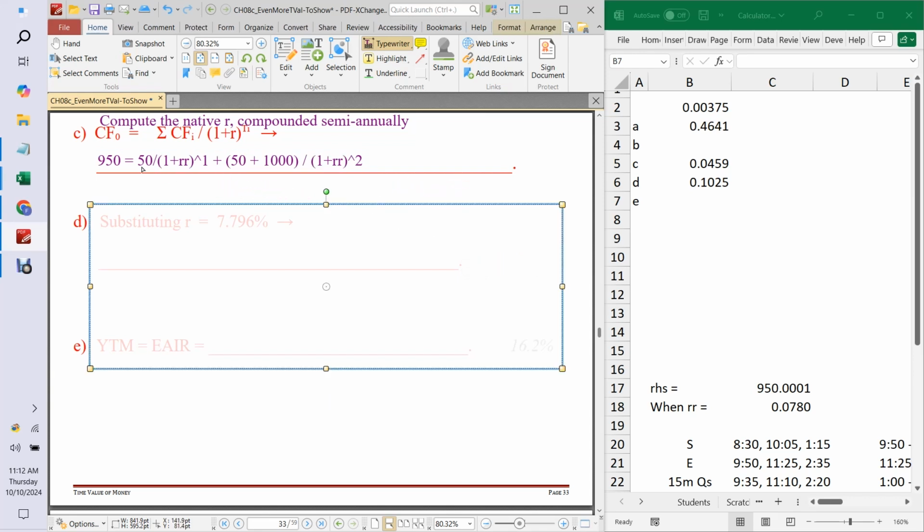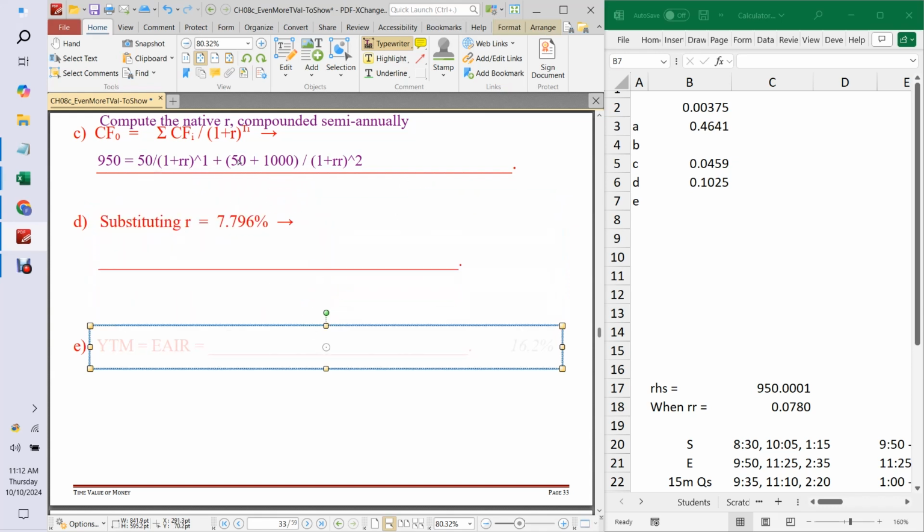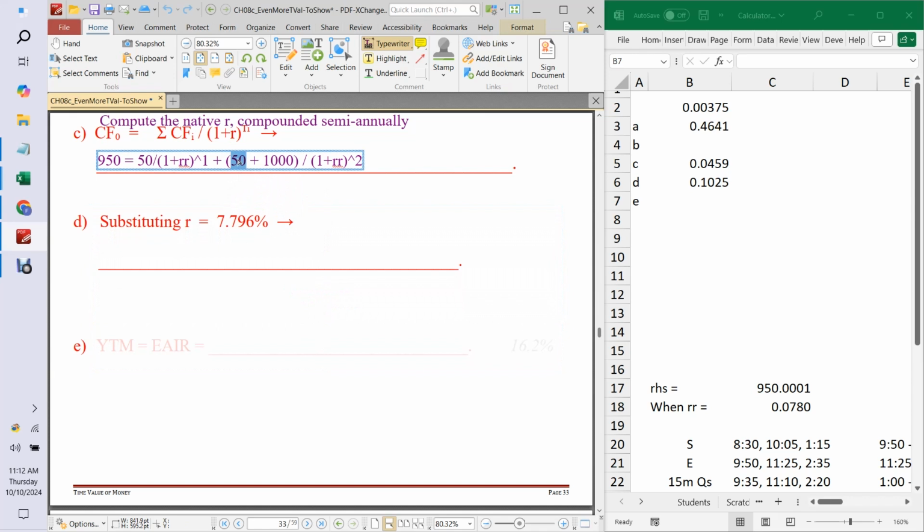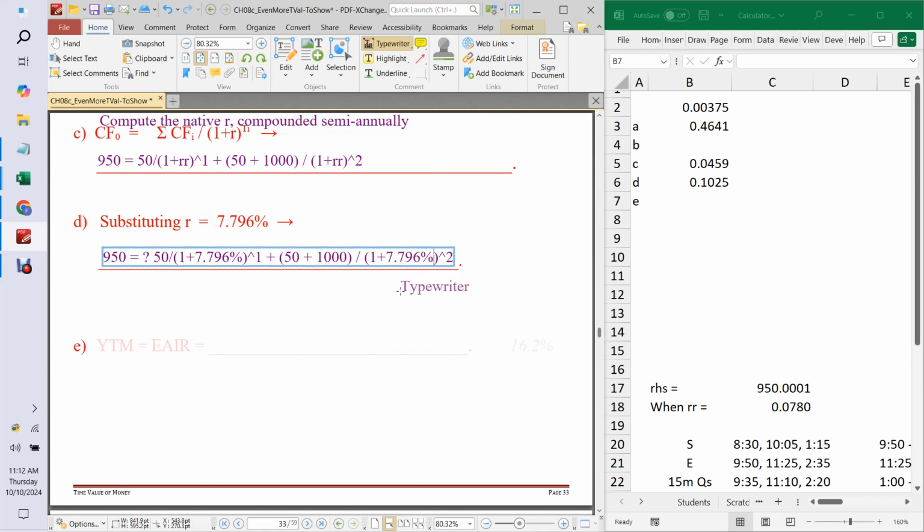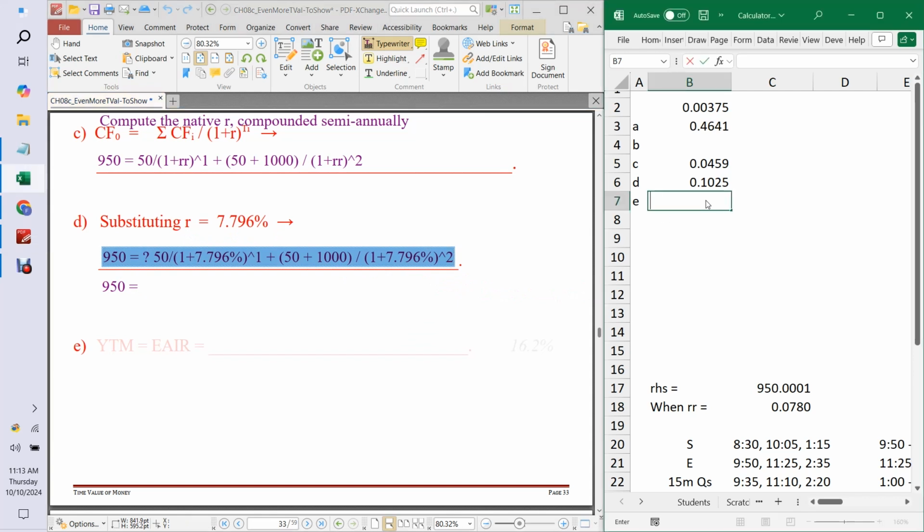Okay, and now what I'd like to do with this one, let's substitute in, and I'm going to put a question mark here. So for RR, let's put in 7.796%, and let's do it again here. And let's see if that's true. Let's see what we get. I'm going to throw it in the calculator.